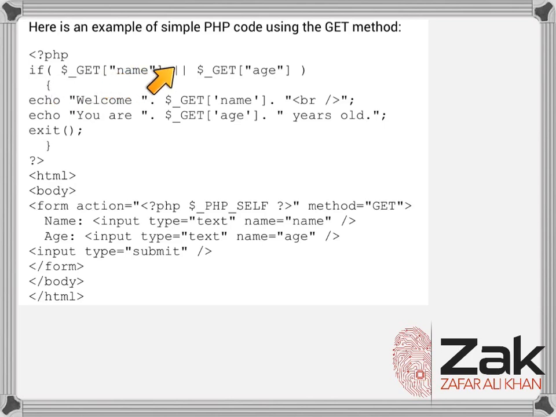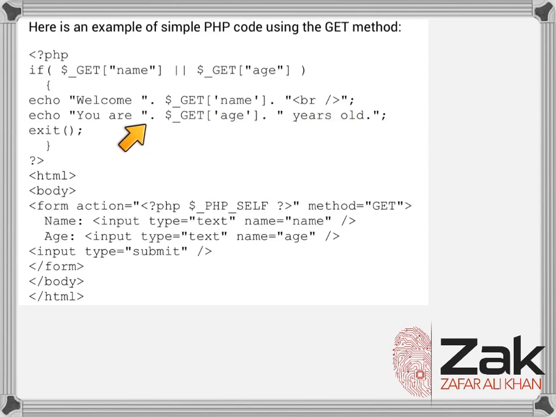If the data is present here or here, obviously it is not being compared with anything, so they are checking it for emptiness, whether it is empty or having some data. So if it is this or this, then echo, as in output, welcome, whatever the value would be here will be shown, and then echo you are this many years old.